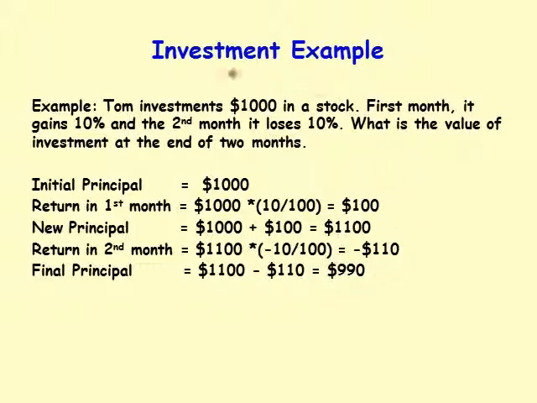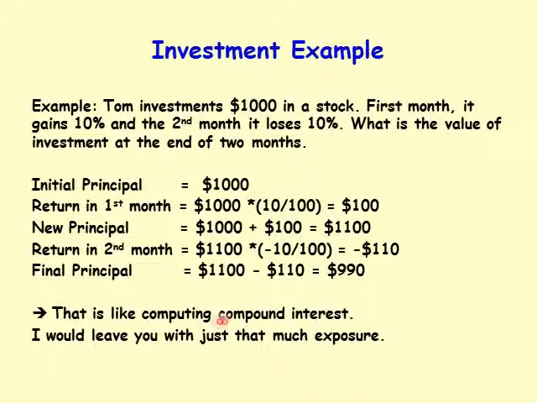So when I talk about investment, that's the kind of investment I'm referring to. It's not something invested at a fixed rate. Let's continue here. That's like computing compound interest. We had the initial principal, then we have a return, just like interest. That is similar to interest in a compound interest case, and we added that interest, compounded it into the principal, to get a new principal.